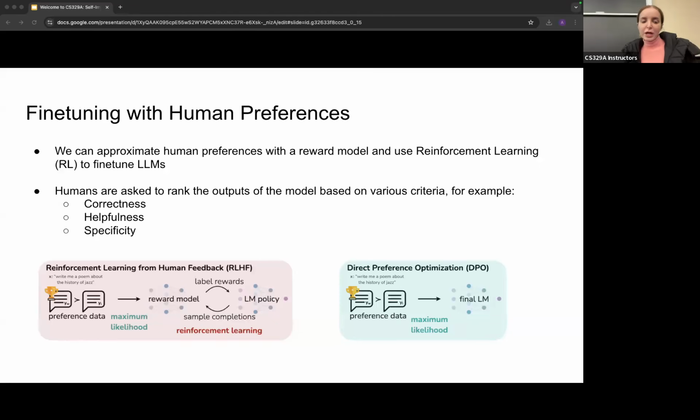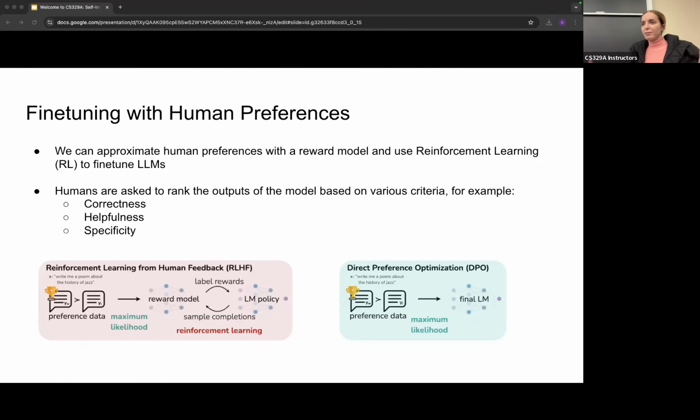For example, let's say we want to fine-tune the model to be better at specificity. We want their answers to be more specific. We don't want them to give general answers. Then our reward function models the specificity, and one way to collect that is to get that from human preferences.